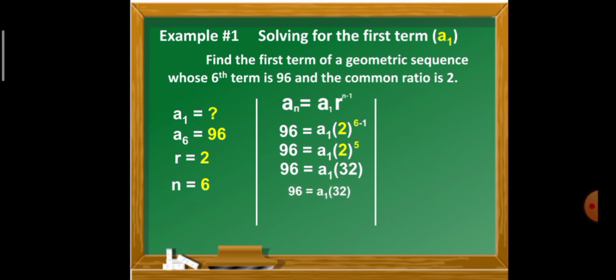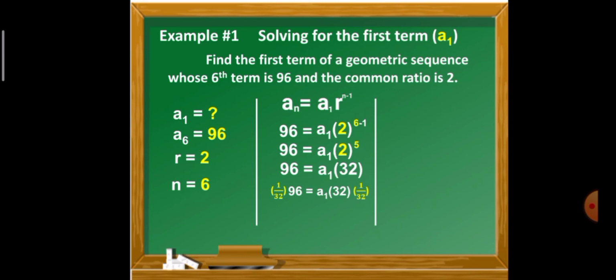So, from here, yung 96 equals a sub 1 times 32, paano nga ba yan? So, gagamit tayo ng multiplication property of equality. So, magkakaroon tayo magkabilang side ng 1 over 32 para ma-eliminate natin yung 32. Kasi, 32 times 1 over 32 is equal to 1.